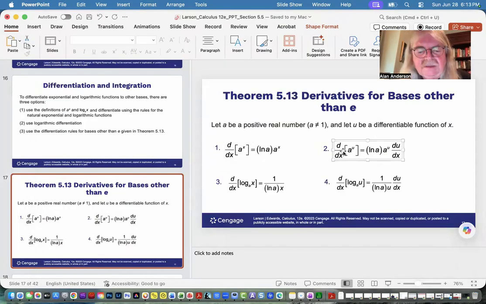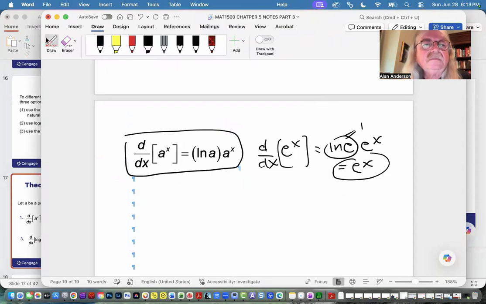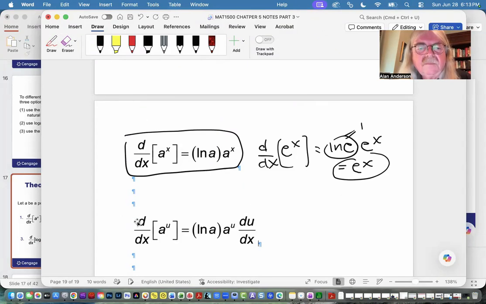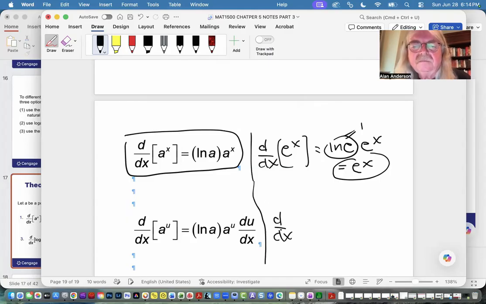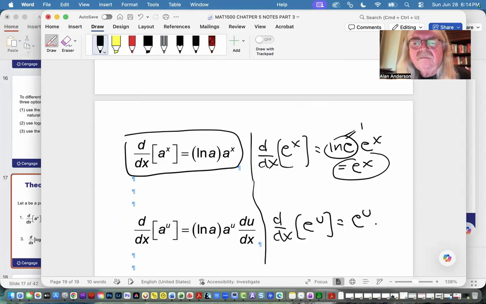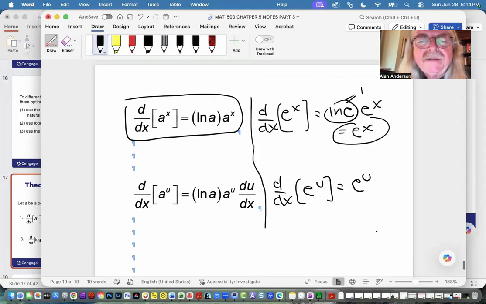Let's try number two. And again, let's take a look at the equivalent version with e. And of course, the log A becomes log e, which is 1.